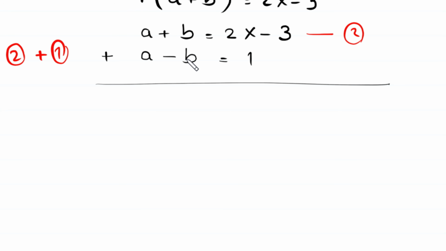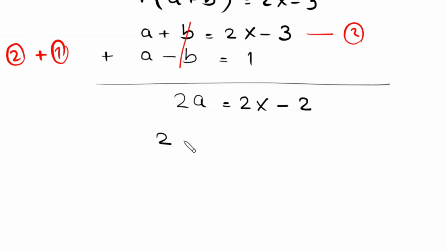This positive b will be cancelled out with this negative b, and a plus a will become 2 times a equal to 2x remains same, and negative 3 plus 1 will become negative 2.